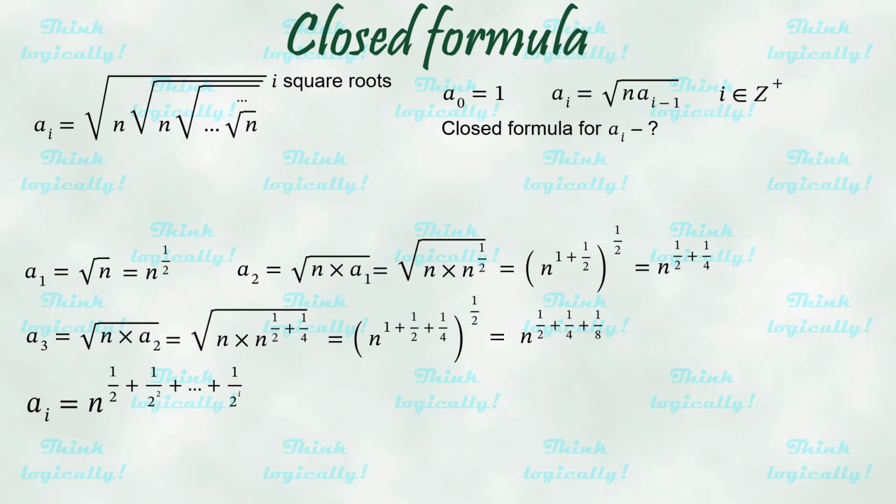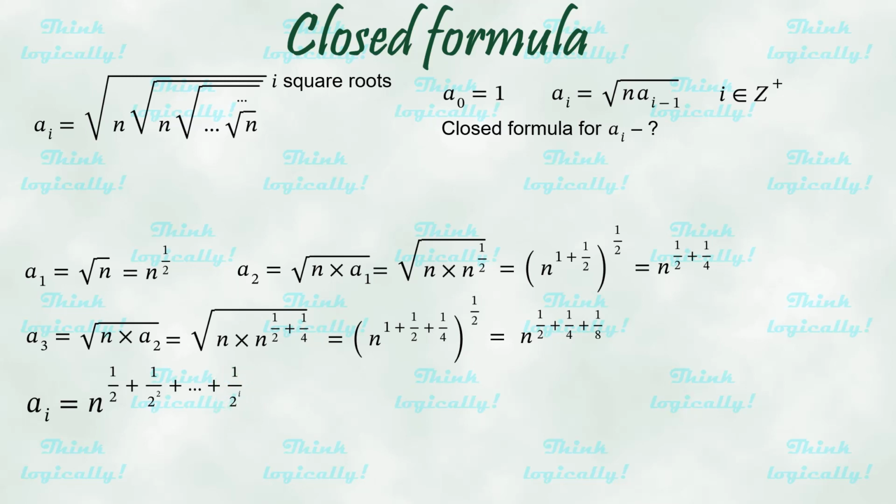This is not quite a closed formula, as it contains ellipses. Can I think of a way to improve it? Fortunately, we can get rid of the ellipses by noticing that elements of the sum form a geometric progression, where the starting element is a half, the ratio is also a half, and the number of elements is i.